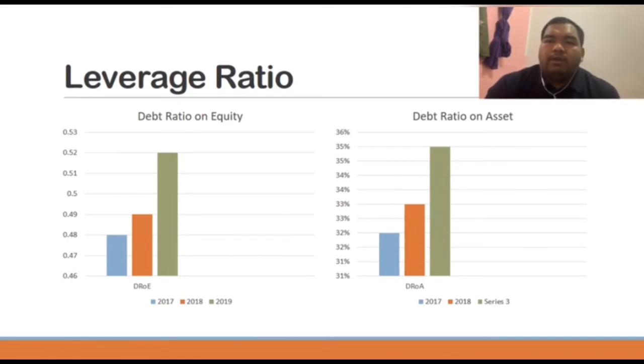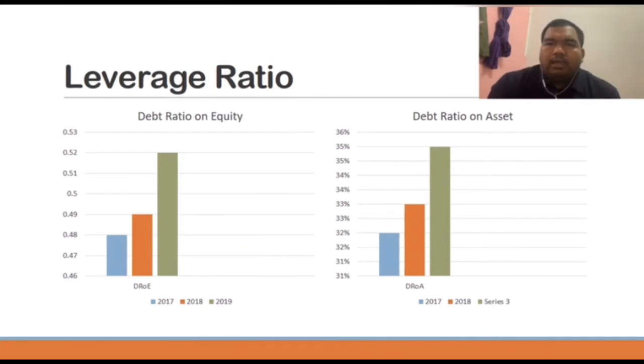If the value of the asset declines, it will be a risk to the money of both the shareholder and the lender. And second, the debt ratio on asset. From the result, we can conclude that 2017 is also the best for the hardset industry in terms of debt ratio on asset, which is 32% compared to 35% and 33% for 2019 and 2018.